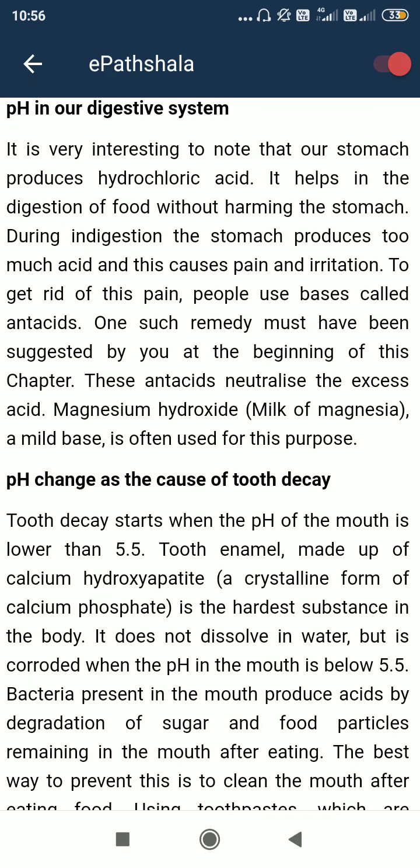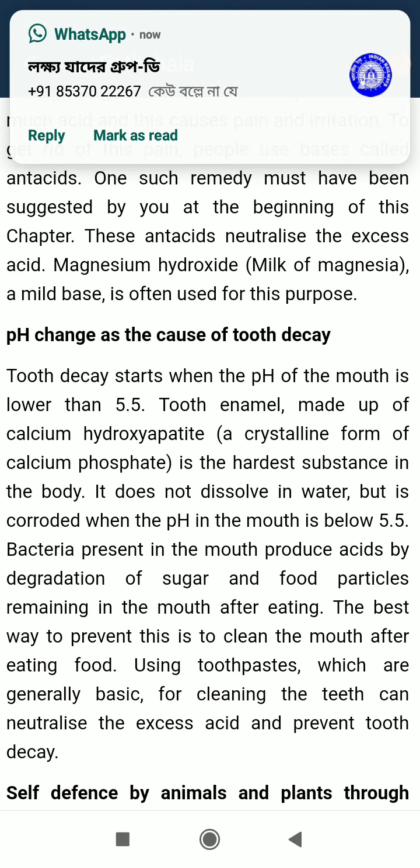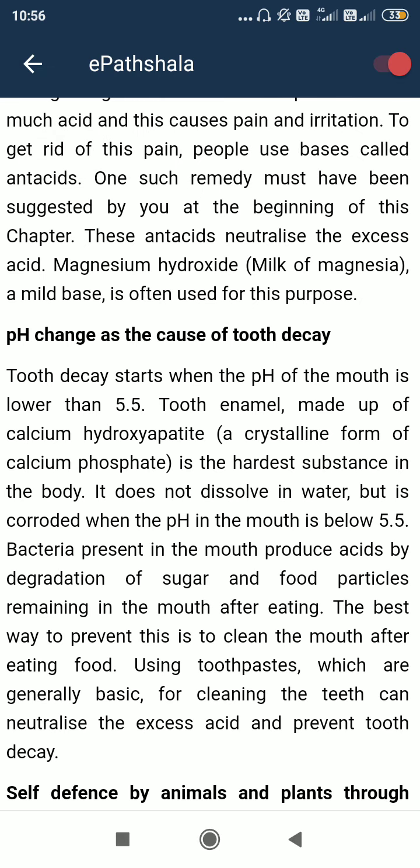Okay, pH in our digestive system has already been discussed. For rapid revision, I can say that the pH in the stomach is very low, 1.5 or 1.6, so it is very acidic. When we go further downwards, after the stomach, the duodenum, jejunum, ileum, these small intestine parts, it gets a little bit basic.